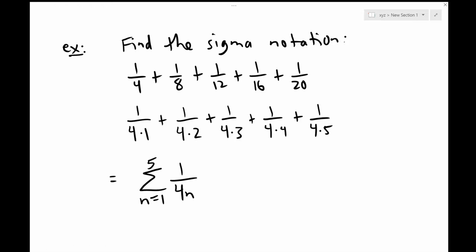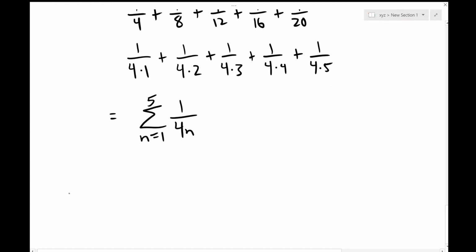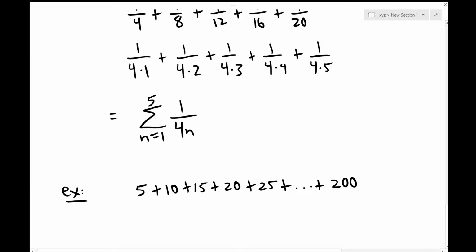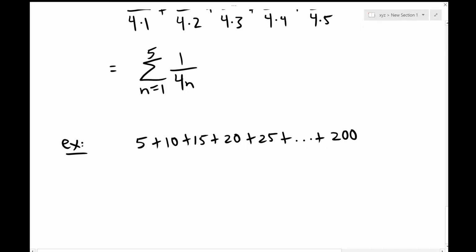Let's try some other examples like that. So let's do the same thing for the series 5 plus 10 plus 15 plus 20 plus 25 and so on plus 200. Well, again, we'd want to find a pattern for the numbers that we actually see here.